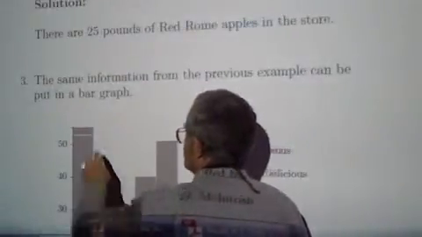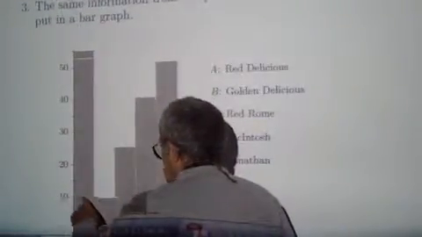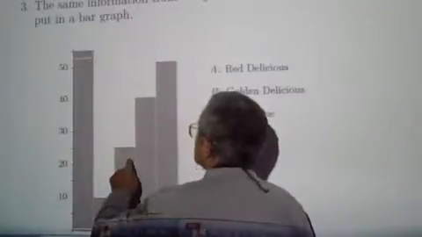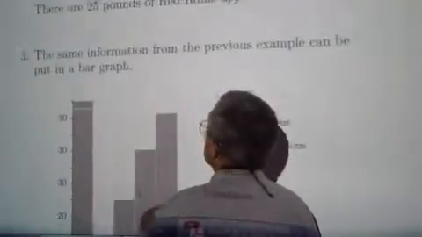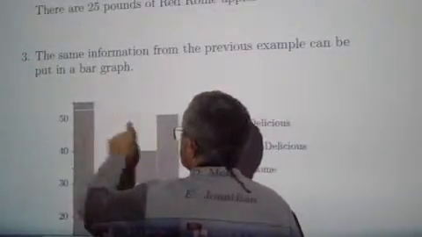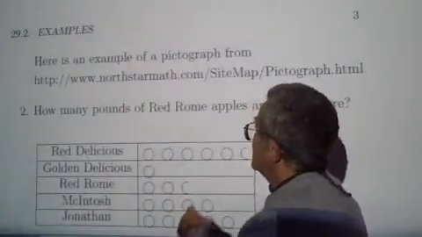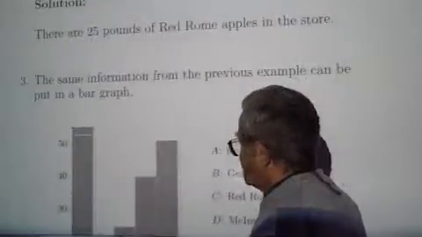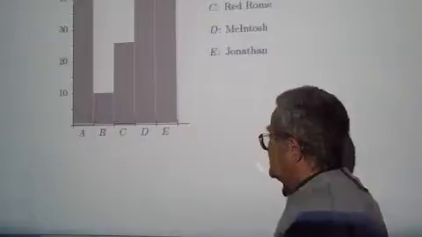A was 55 pounds, B was about 10 pounds, C was something like 35 pounds, D was something like 40 pounds, and E was something like 50 pounds, just like the information we had in the pictograph. So pictograph and bar chart, same information, just presented differently.